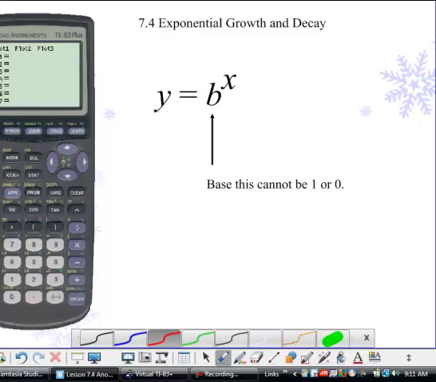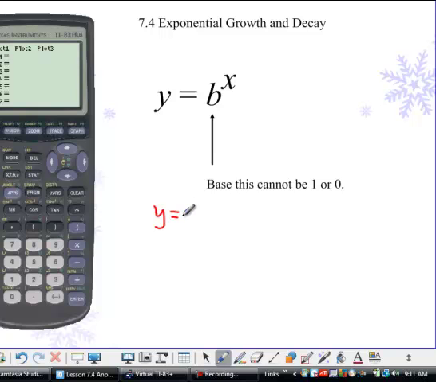Now, remember, this base cannot be a 1 or a 0. In other words, we can't have y equals 0 to the x. If I came over here and I graphed that very quickly, I get nothing. That's right, because if we look at the table, 0 to any positive power is 0.